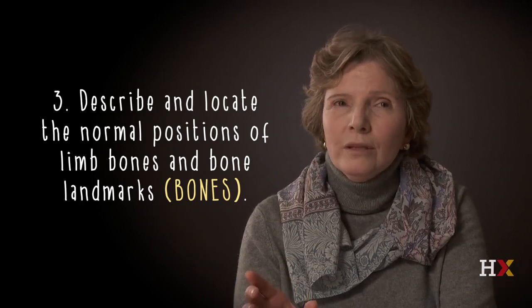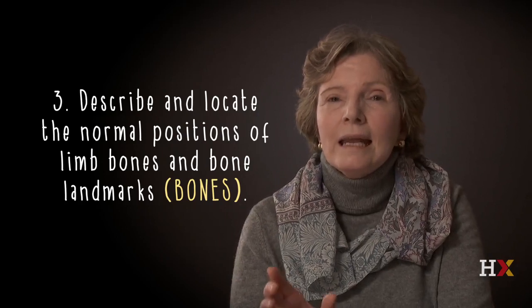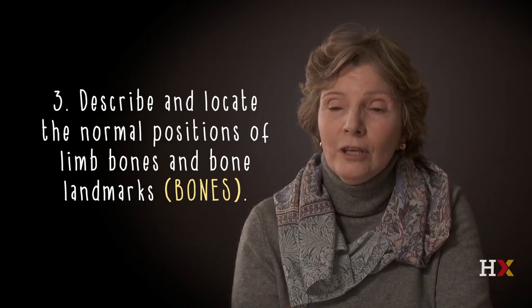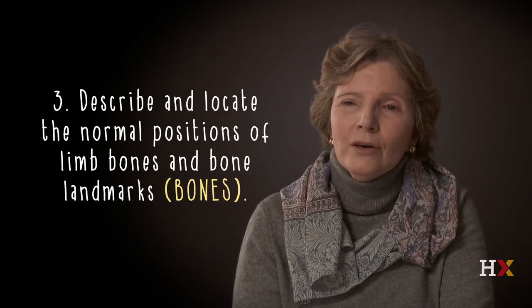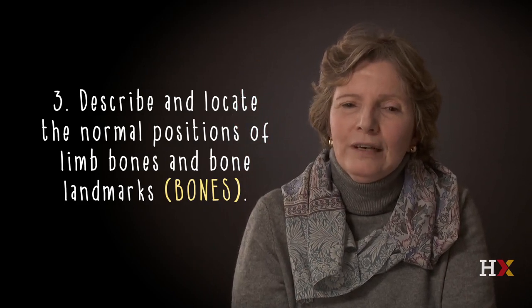If we know where they should be and what they should feel like and where the landmarks are, then if we have a patient who's been injured, we'll be able to use that knowledge, and our wise hands, to figure out if the bones are in the position that they should be. So knowing where the bones should be, where the landmarks should be, what the bones look like, will be the third step in our strategy for approaching the anatomy basic to these cases.